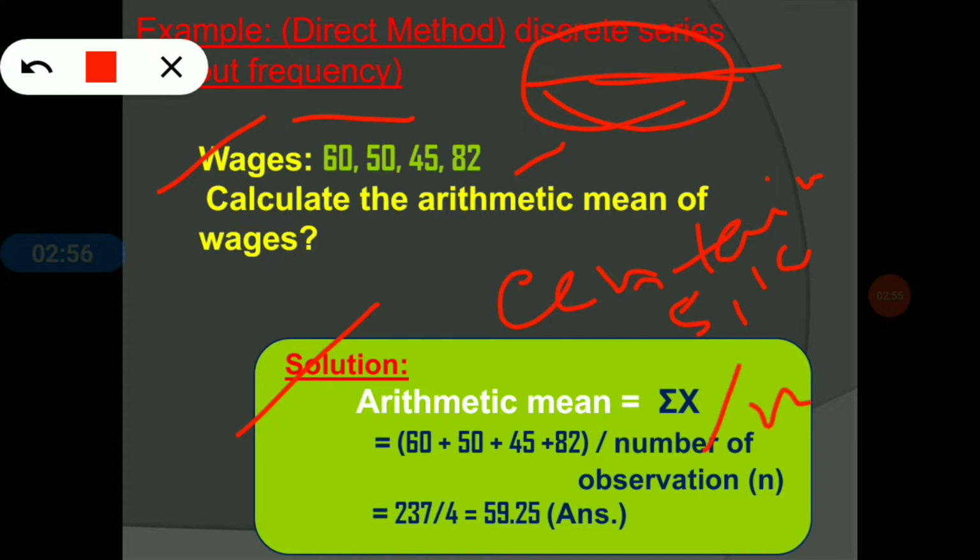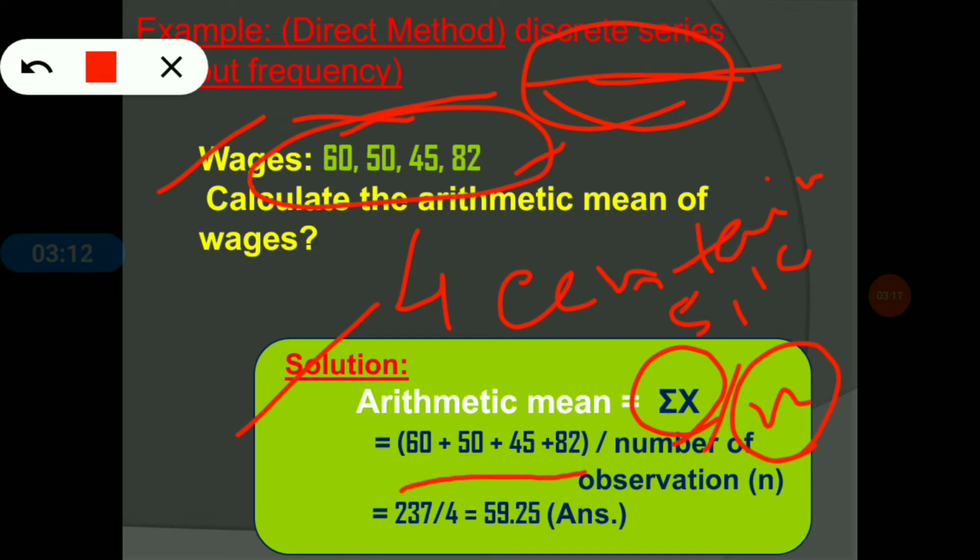In this case n equals 4 because there are 4 values, and what is the summation x value? Summation x means sum of all the values: 60 plus 50 plus 45 plus 82, that is equal to 237.